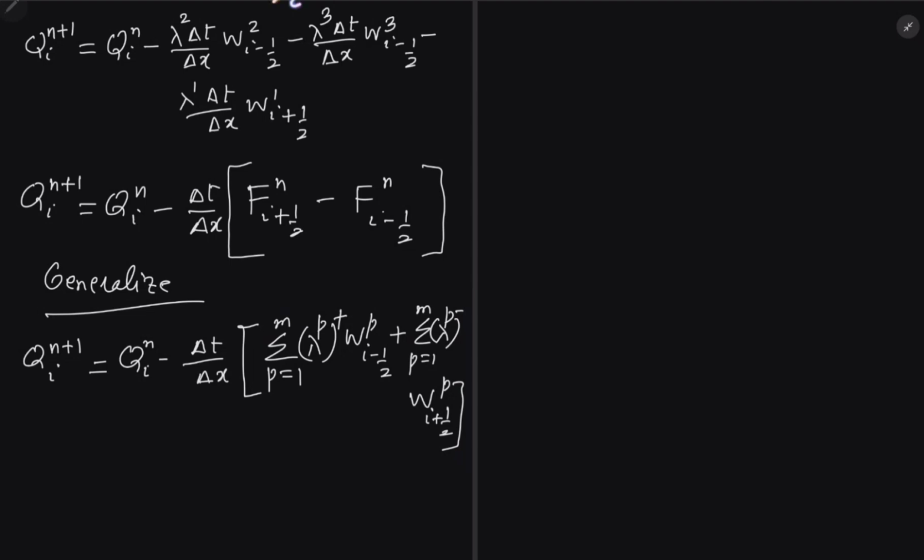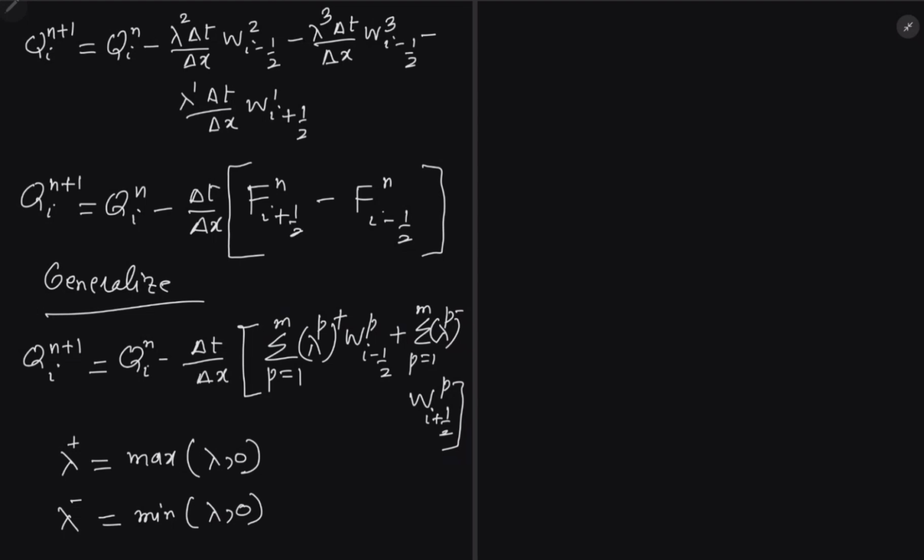Okay, remember that the positive and this negative mean that the speed is positive or negative. This can be written, from our previous lecture, as lambda plus, which is the maximum of lambda and 0, and lambda minus, which is the minimum of lambda and 0.